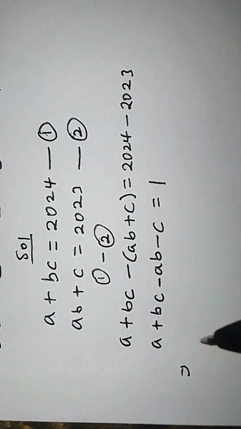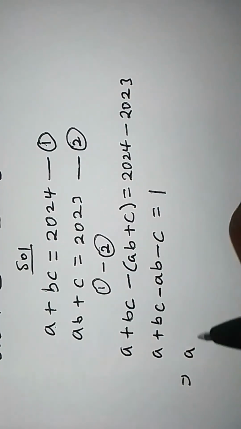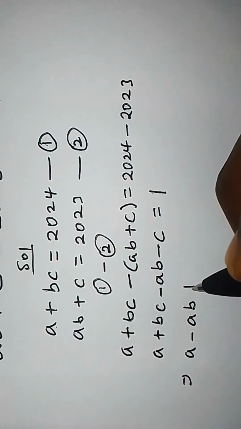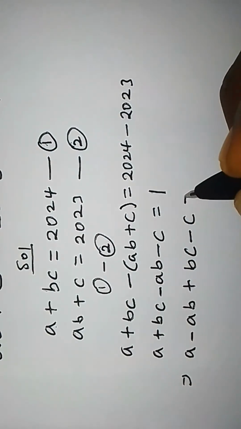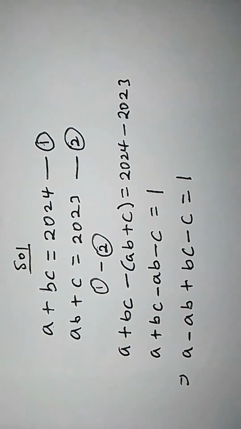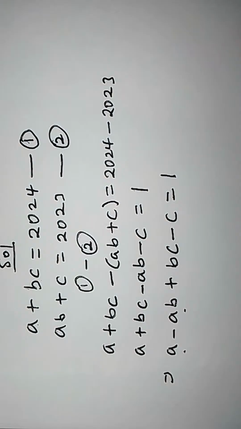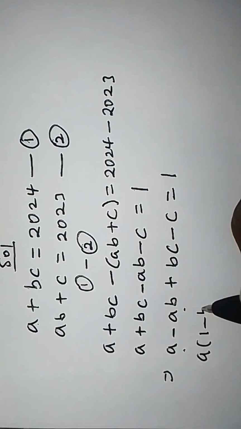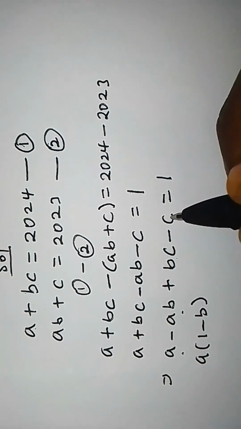This means that let us rearrange this. We have A minus AB plus BC minus C equals 1. From these two guys, you will see that we can factor out A. So doing that, we have A into 1 minus B. Now let us consider these two guys.